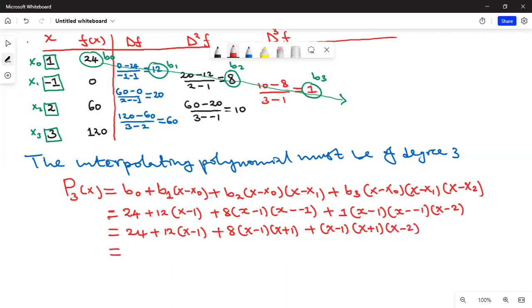And so I know you can open those brackets, expand that and then simplify, so that you get your interpolating polynomial as x cubed plus 6x squared plus 11x plus 6. So that is the interpolating polynomial of degree 3.